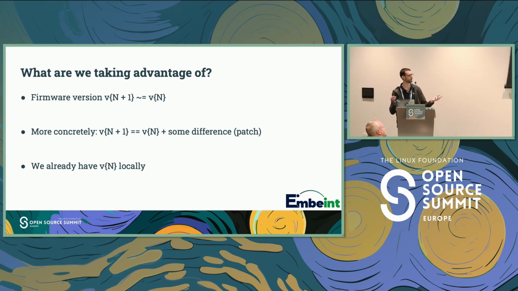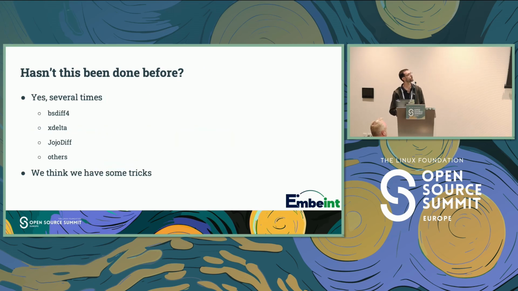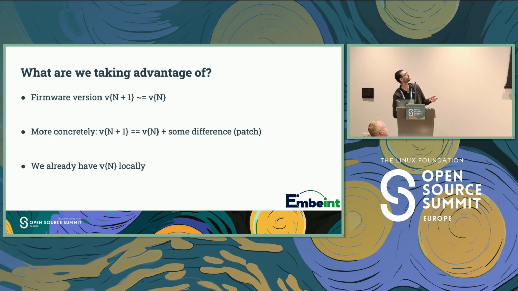The key point here is that we already have vn locally, because you're already running the firmware version that you currently have. So what if instead of sending the entire image, we can just send that difference, the patch?